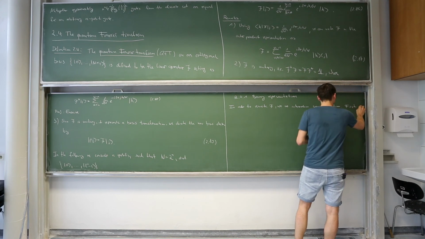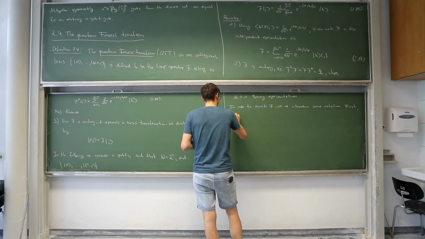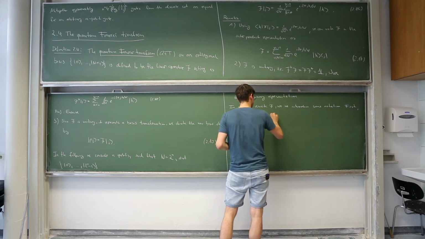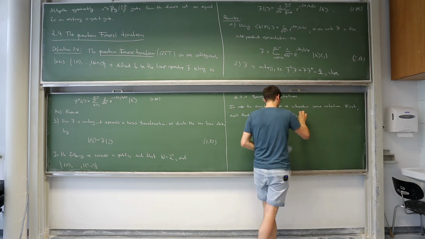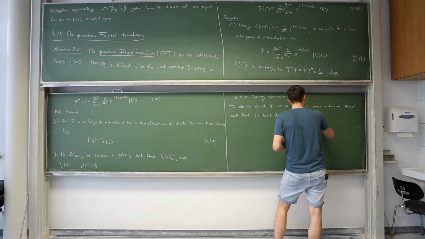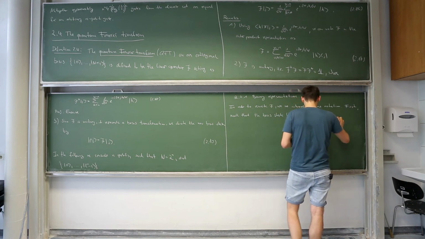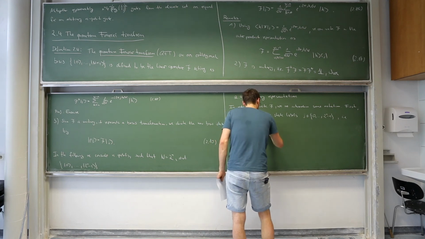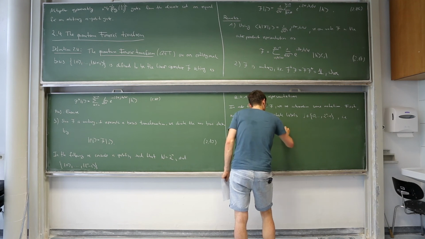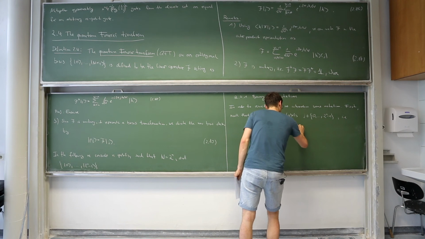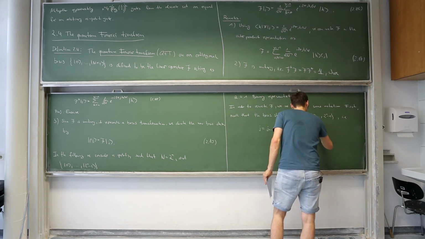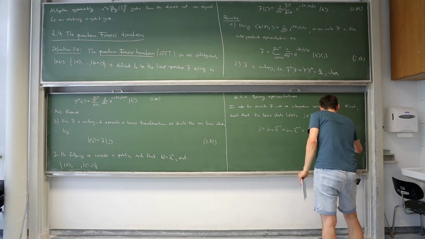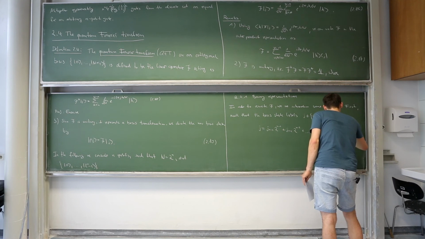So first, recall that the basis state labels j, which run from 0 to 2 to the power of n minus 1, you can write j as j_{n-1} 2 to the power of n minus 1 plus j_{n-2} 2 to the power of n minus 2, and so on, until we get j_0 2 to the power of 0, which is the sum over l equals 0 to n minus 1 of j_l 2 to the power of l.